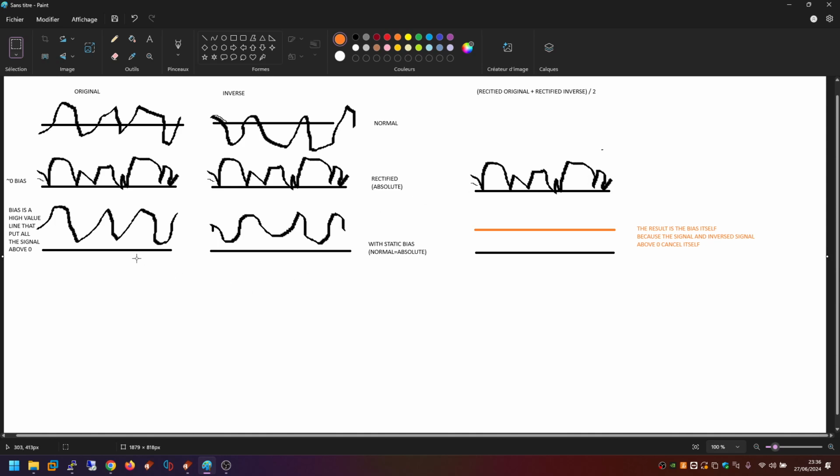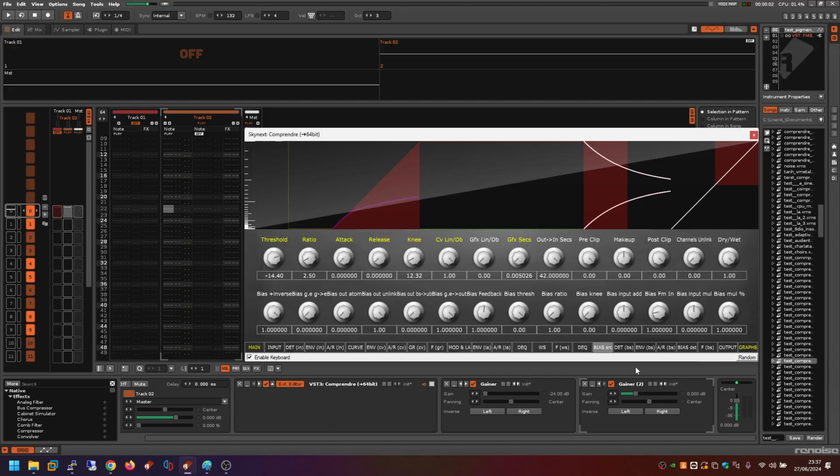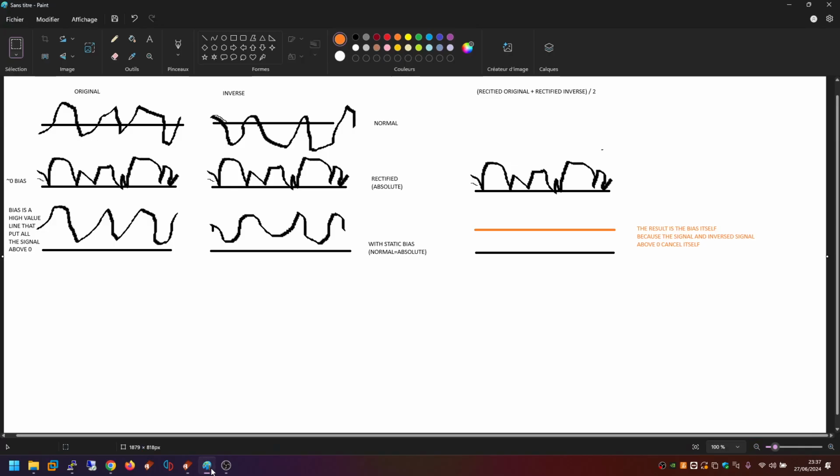When I input the bias addition here by saying I will add some bias, you will see that if I add too much bias, the result is the bias itself. And it's very important to understand this situation in order to know what you are doing.